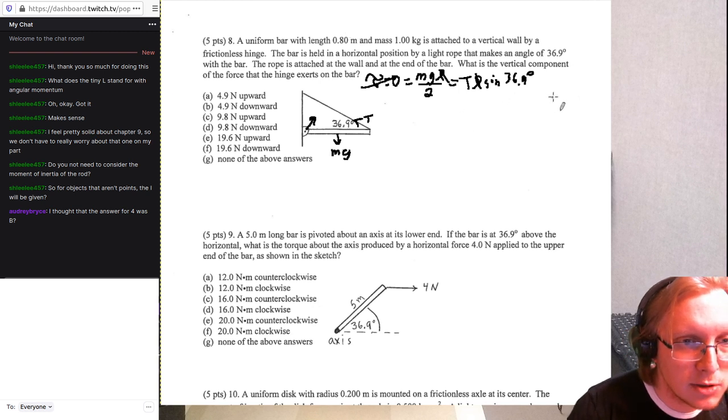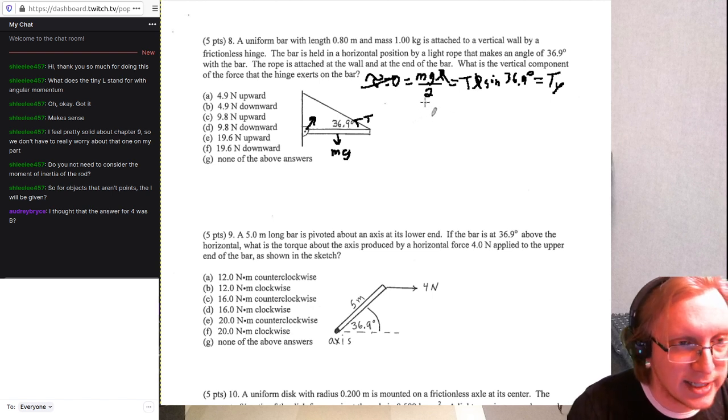So this value here, this is my torque in the vertical direction. That is exactly what I need for this next step. So I'm just going to go ahead and immediately say that this is mg half.